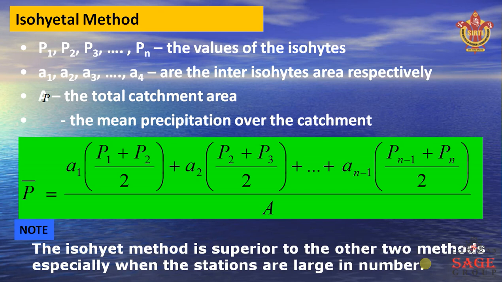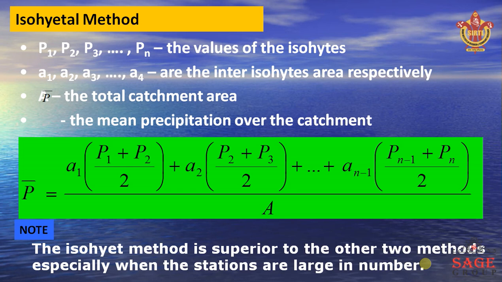Because we have two isohyet values representing different precipitation, and the area enclosed between them, the formula goes like this: P bar is equal to A1 into (P1 plus P2) by 2, plus A2 into (P2 plus P3) by 2, plus A3 into (P3 plus P4) by 2, and so on, divided by the total area.